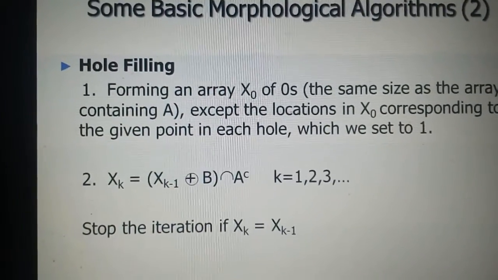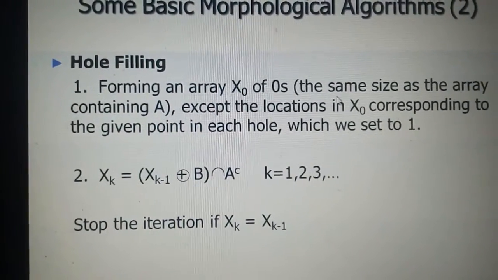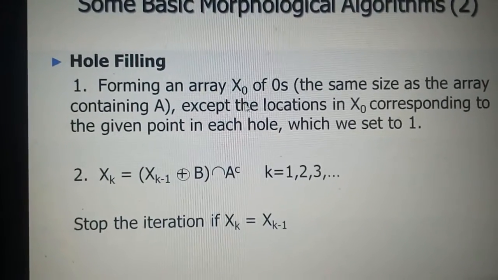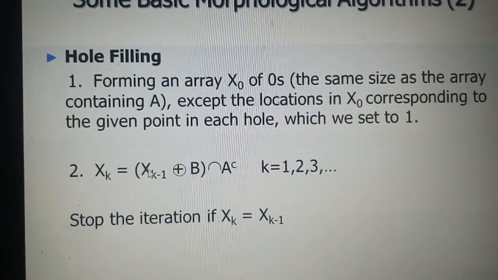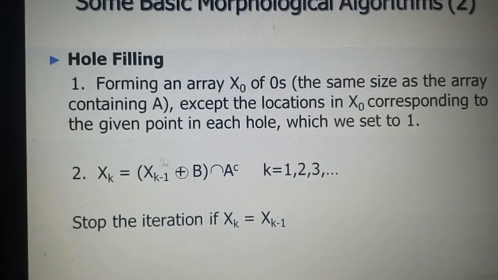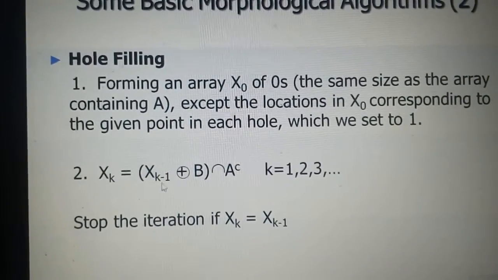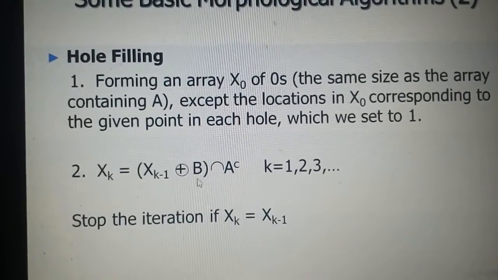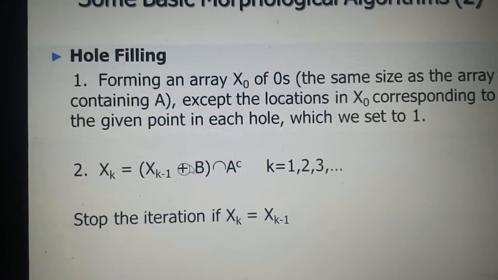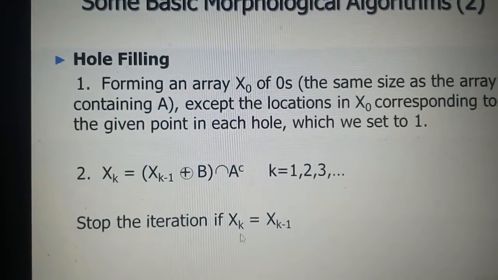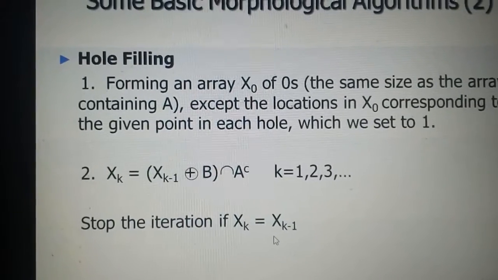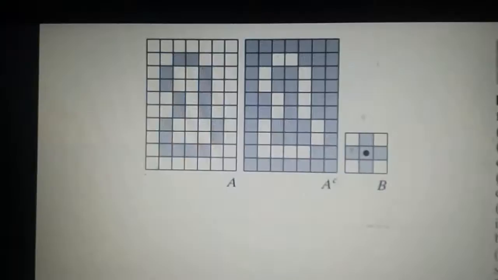To perform hole filling, first we identify the number of points to be filled, and for each iteration we perform the dilation operation and keep filling the holes and identify the region to be filled. And we stop the iteration when we have reached almost the last point.